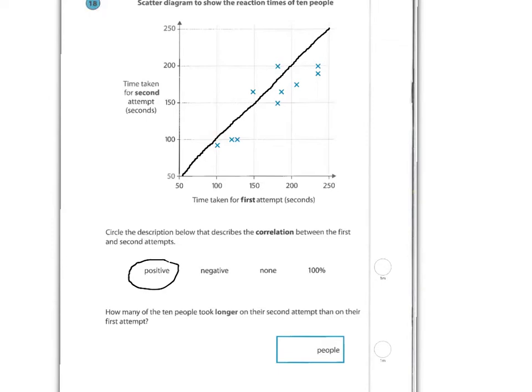If I pick another place, this person would have taken 250 seconds for both attempts, and I could have picked many more. So, the question I'm trying to answer is how many people took longer on their second attempt. This axis is showing the second attempts, and what you can see is these two people I circled did in fact take longer on their second attempts, so it was 2.